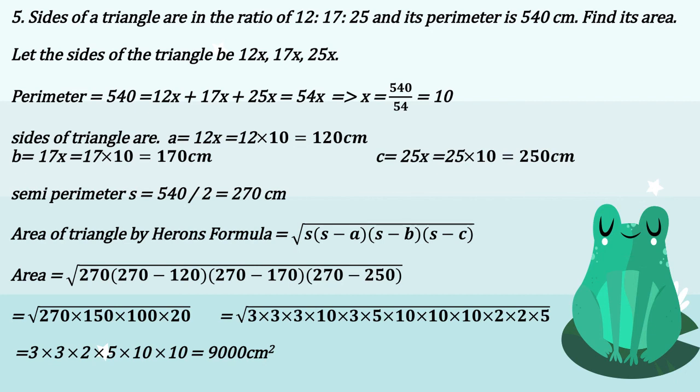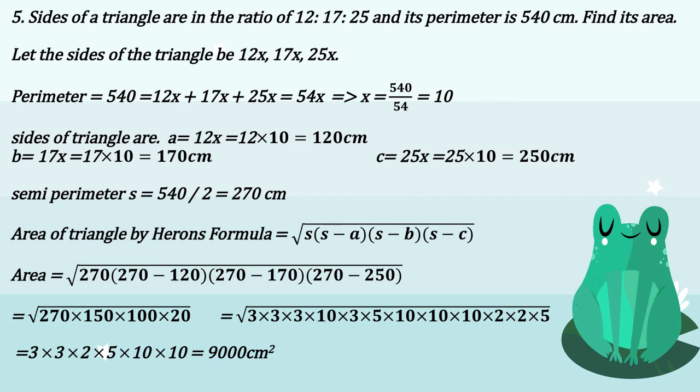So I take two 3's outside the radical sign. Now how many times do I have 2? I have only 2 times. That means I will form a single pair of 2, so one 2 comes out of the radical sign. How many times do I have 5? I have 2 times 5, means I can make 1 pair of 5. So one 5 is outside the radical sign now.